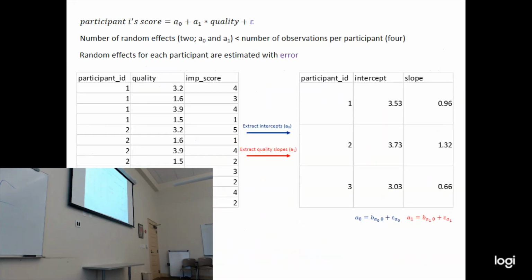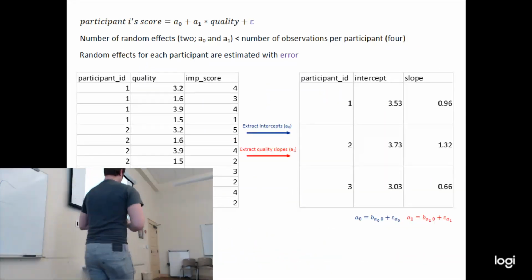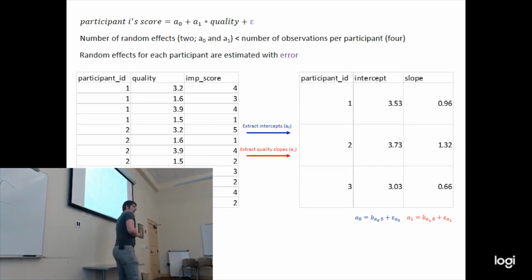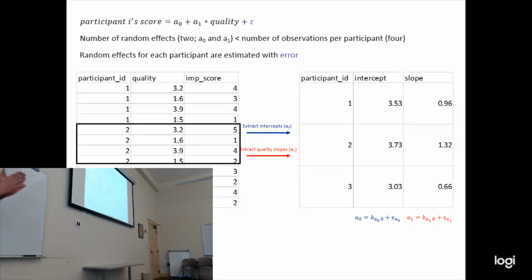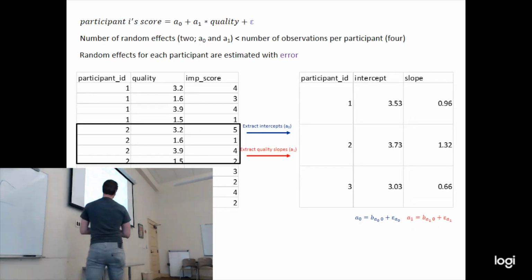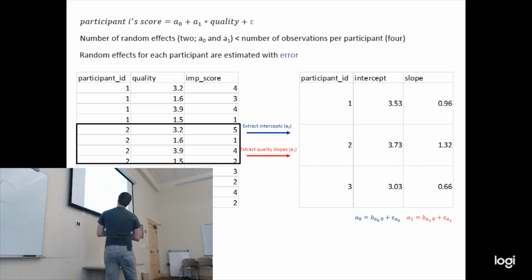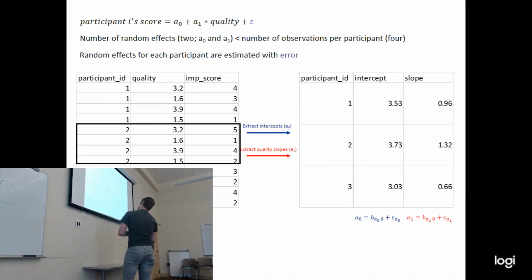Okay, going back to this data set for a second, where I showed you extracting out these individual intercepts and slopes. Let's focus in on the second person in this data set. It looks like this is a change that I made that didn't make its way over to here.